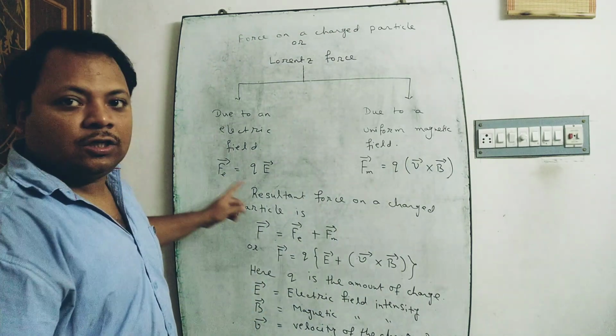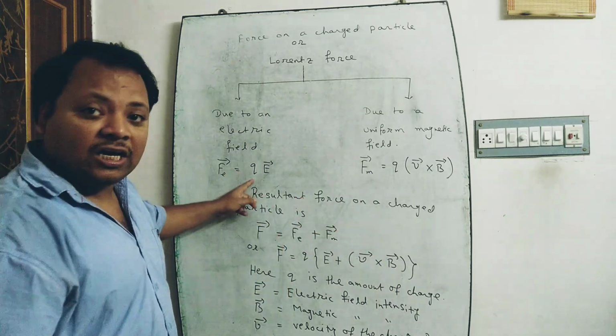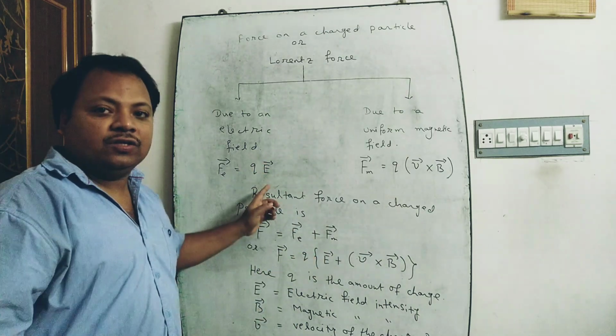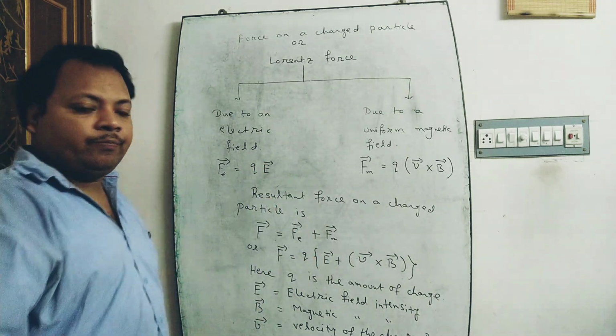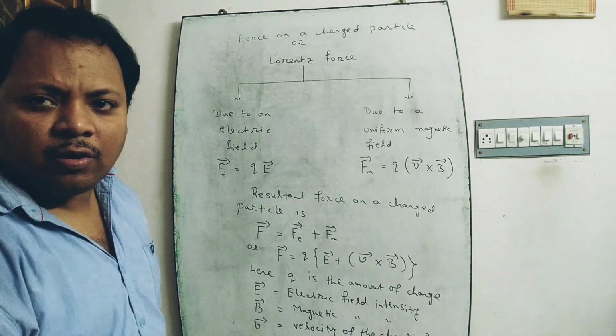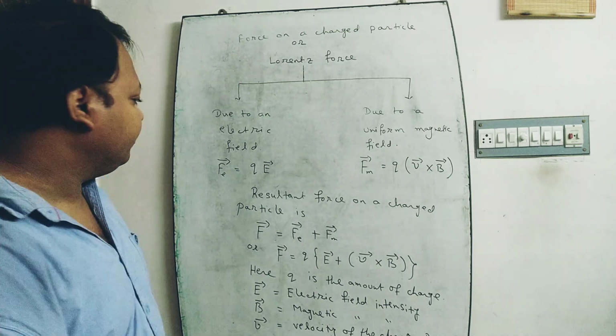Small e denotes the force caused by the electric field. This is equal to the amount of charge times the electric field strength. It can be derived from Coulomb's law.